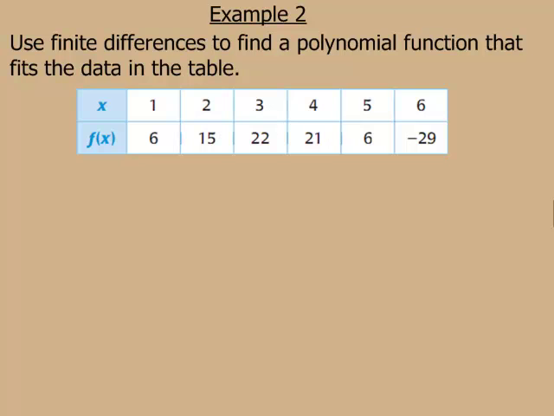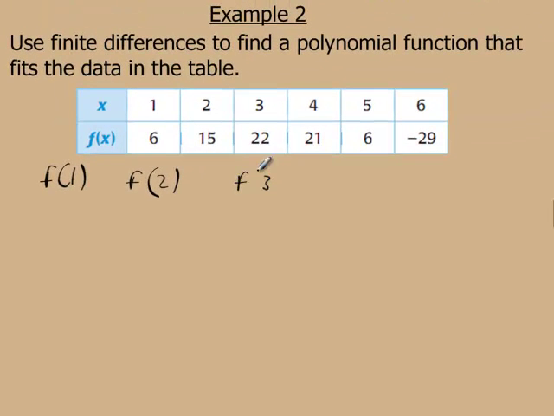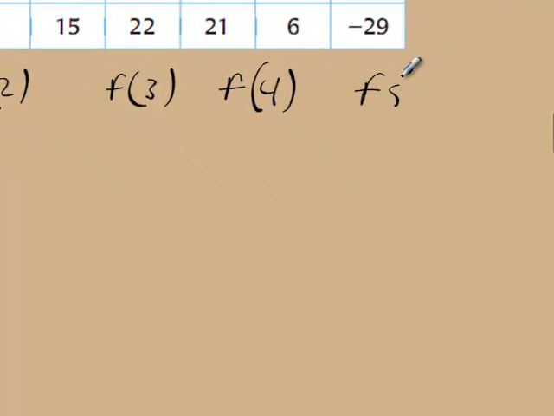So what we're going to do is use finite differences to help us figure out what the degree of the polynomial is. The way it works is I'm going to get a set of numbers. 6 is usually a good amount. So I'm going to use f of 1, f of 2, f of 3, f of 4, f of 5, and f of 6.